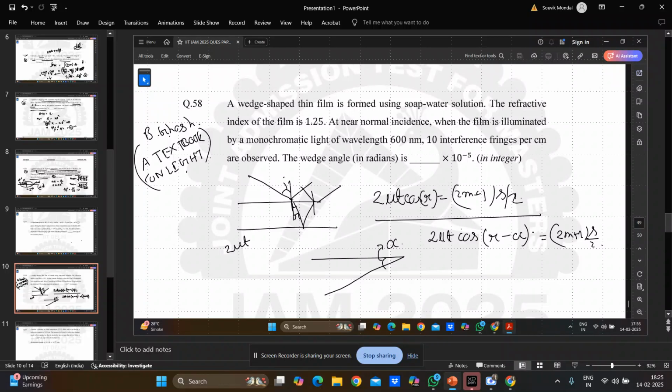I am not going to focus on that, but let's solve this problem first. So mu is given, and normal incidence means i is equal to 0, r is equal to 0. So your formula reduces to 2 mu t cos alpha is (2m plus 1) lambda by 2, right?